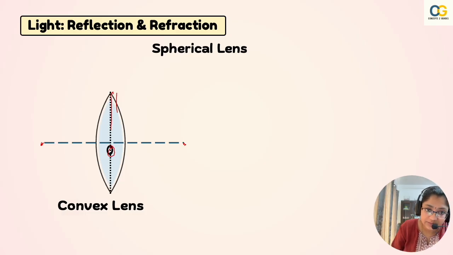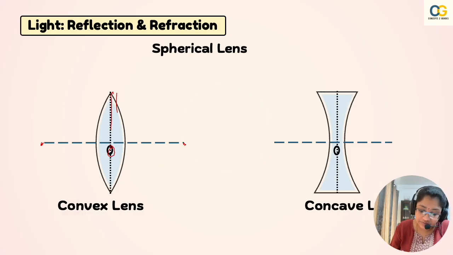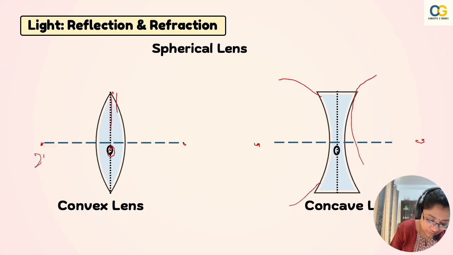Again, this is the principal axis, so this happens for both the lenses. Again, this is also part of a circle here, so the center of this circle is generally called the 2f1 and 2f2 points of the lenses.